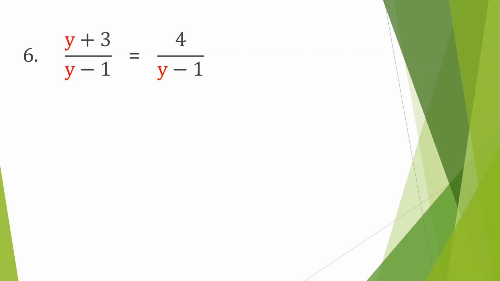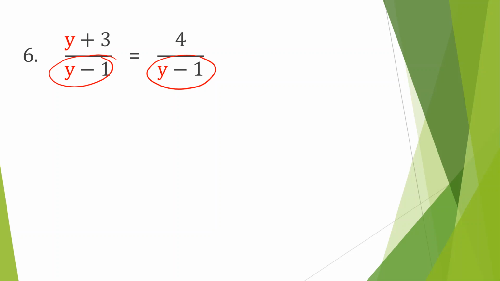Number 6. y plus 3 over y minus 1 is equal to 4 over y minus 1. What do you observe in example number 6? The denominators are the same. Since the denominators are the same, the numerators must be equivalent as well.